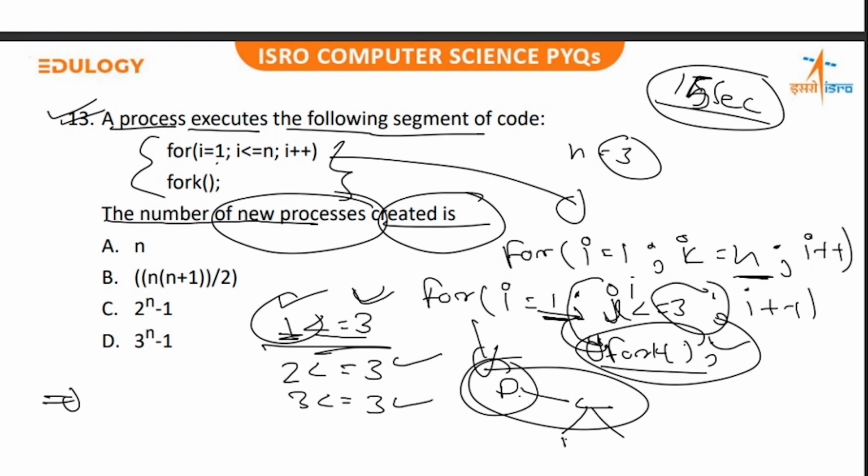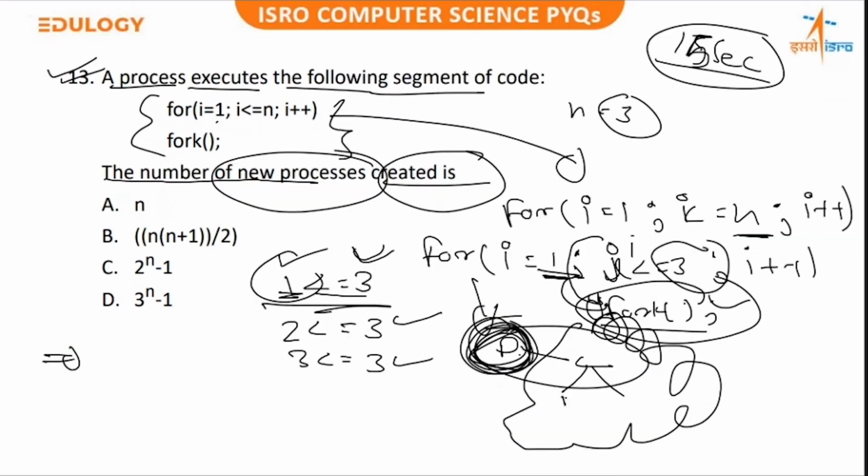This is our main process, and apart from it there are 5 new processes created. The same will happen here.